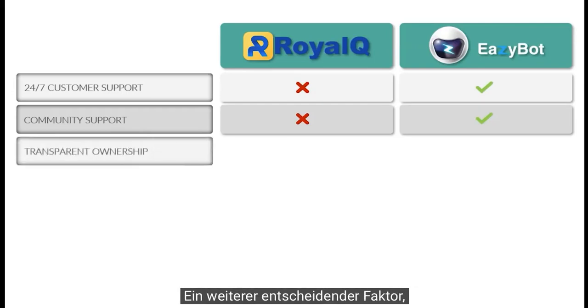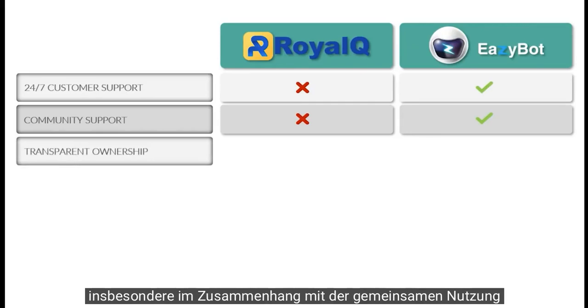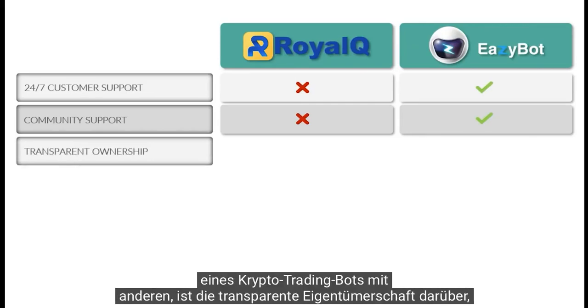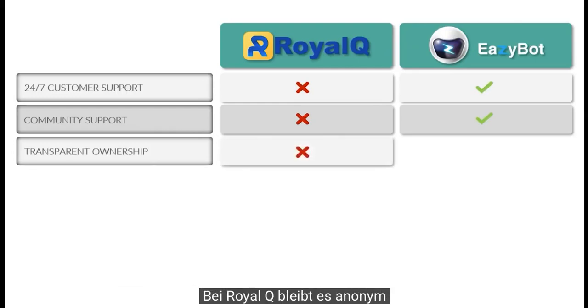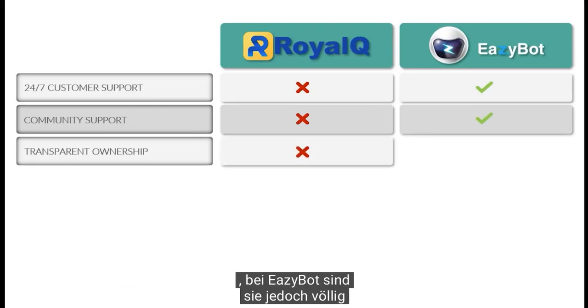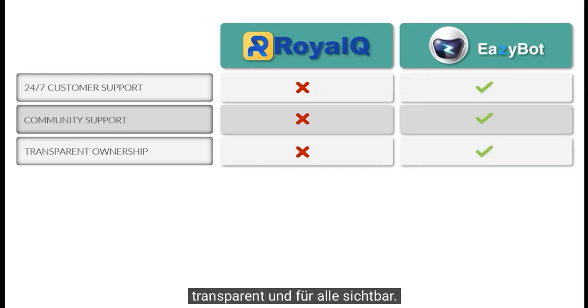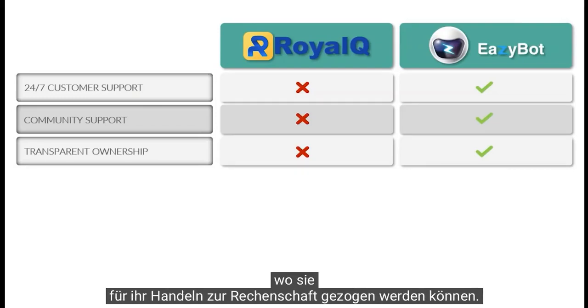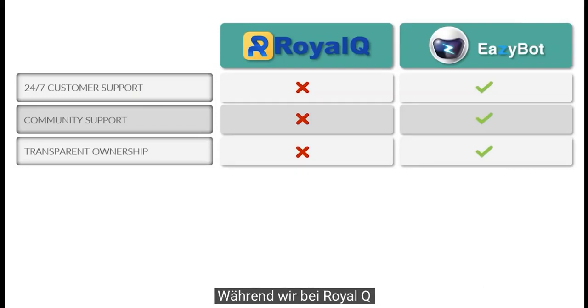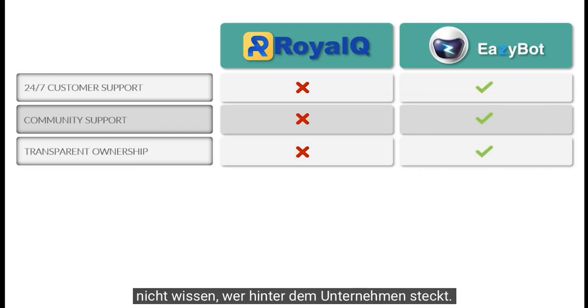Another big deciding factor, especially in the context of sharing a crypto trading bot with others, is transparent ownership of who is actually behind the company. With RoyalQ, it remains anonymous. However, with Eazybot, they're fully transparent out in the open for everyone to see. For me, in terms of trust in the longevity and sustainability of a company, I like to have the owners out in front where they can be held accountable for their actions, whereas with RoyalQ, we don't know who's behind the company.